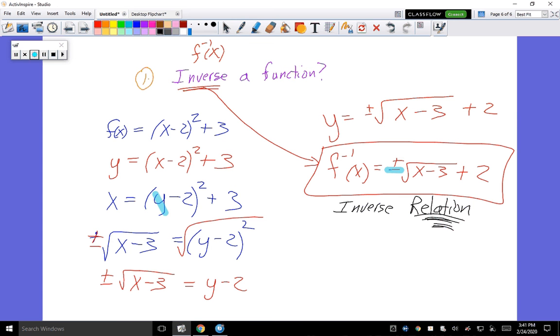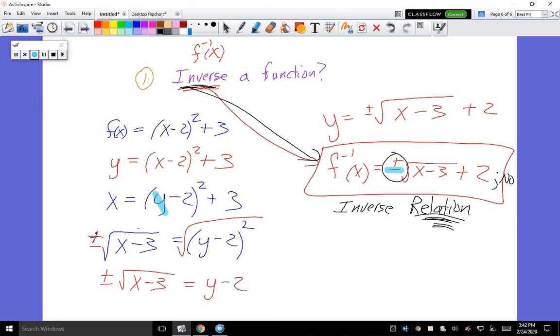So this is an inverse relation. And if I asked you, is the inverse a function, you would say no. On the ones that you're going to select, pick the one that's plus or minus, and over here in a semicolon, it will say no. There's your answer. Okay? Are we good?